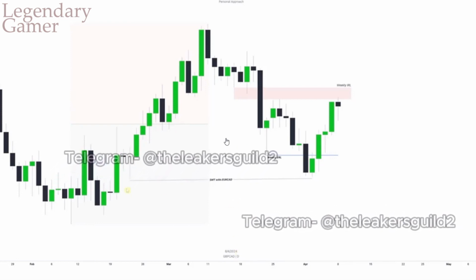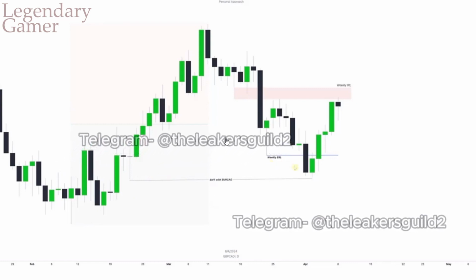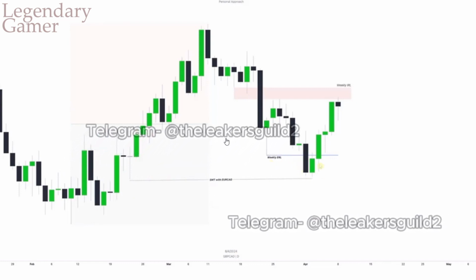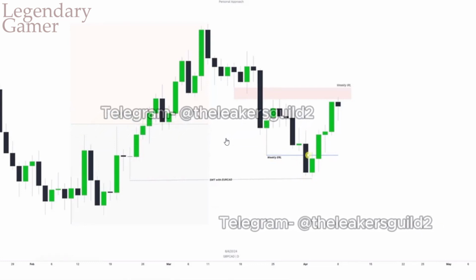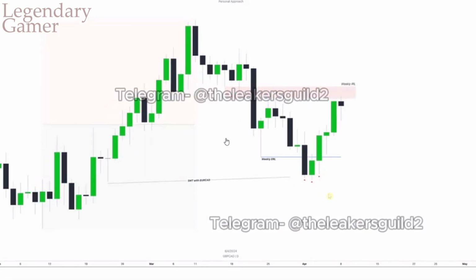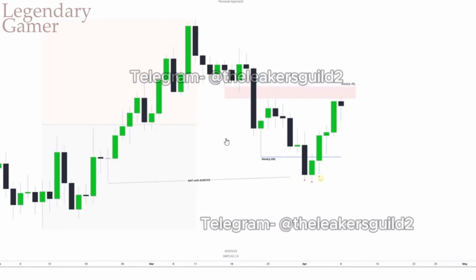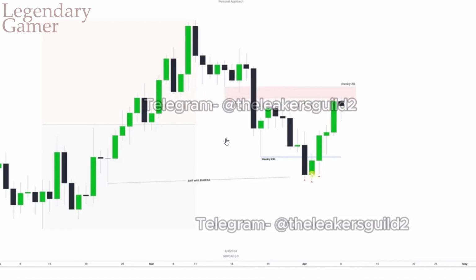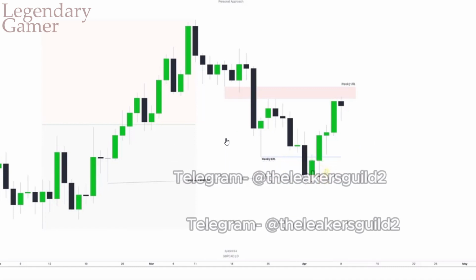So again, we've got that SMT, we've got that weekly external range liquidity as well, which has been purged over here, and now we want to go from external into internal range liquidity, and we're going to focus on the swing over here. You can see one candle higher, one candle lower, and then the third candle is higher as well. So we have that 1, 2, and then we want to focus on the third day.